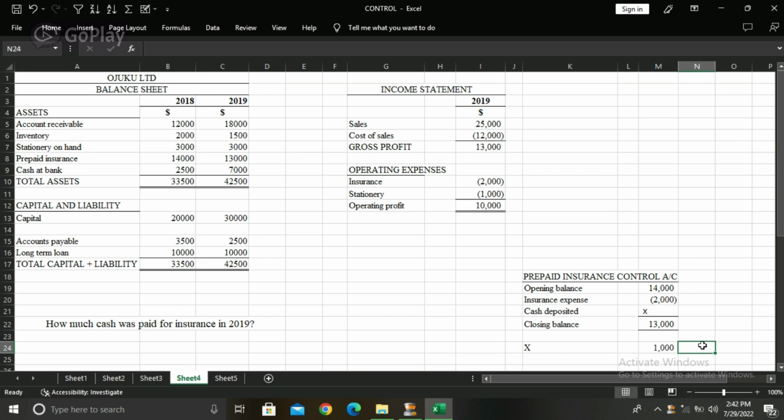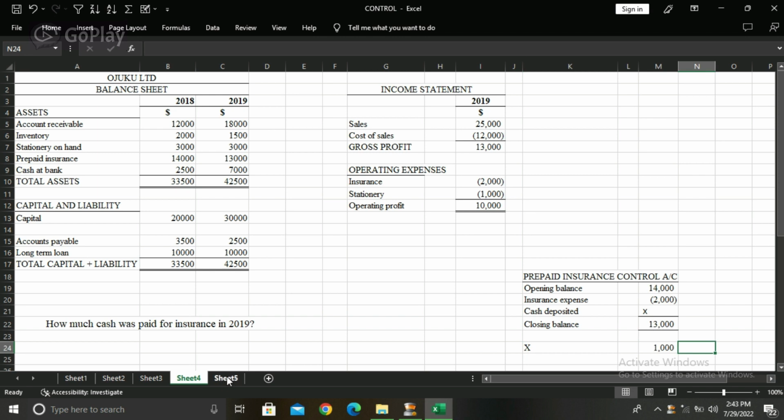It's very simple. 14,000 was there. They deducted 2,000 from it as insurance, leaving 12,000. But we are saying at the end we have 13,000 there. So definitely it means that we deposited 1,000 additional cash during 2019.